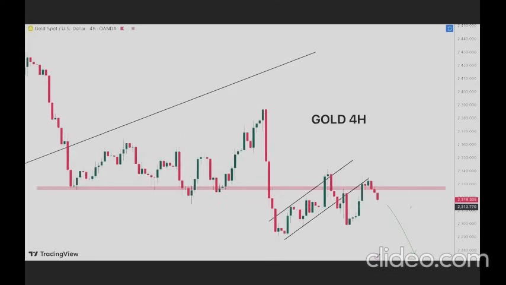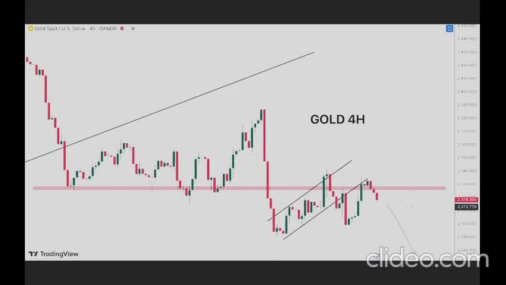Yeah, we expected the market to drop, so I think this is a drop though.